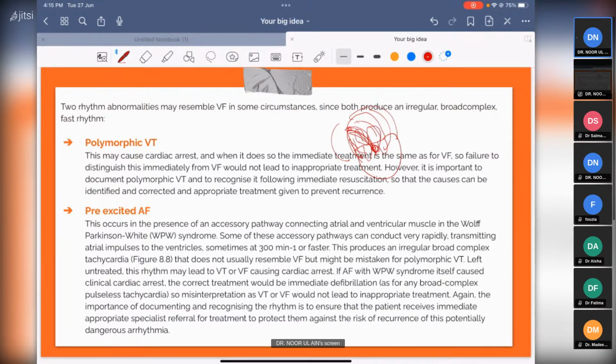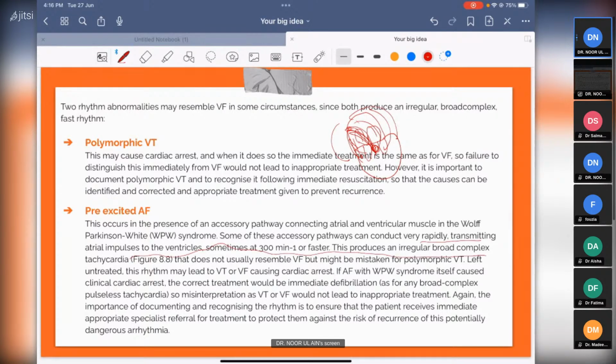Why? Because your atria is firing the impulses so fast to the ventricles. The ventricles go into tachycardia. They beat really, really fast, like 300 beats per minute. I'm again saying ventricular tachycardia. Ventricular tachycardia is broad complex tachycardia. When I talk about the ventricle, it's supposed to be a broad complex tachycardia, and you can read this here.